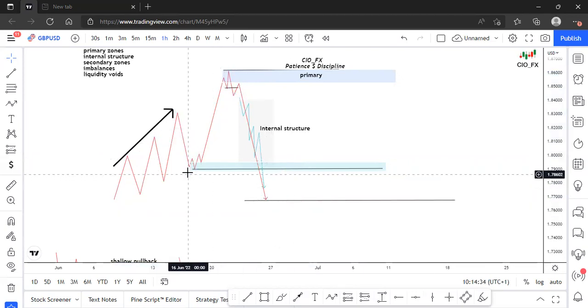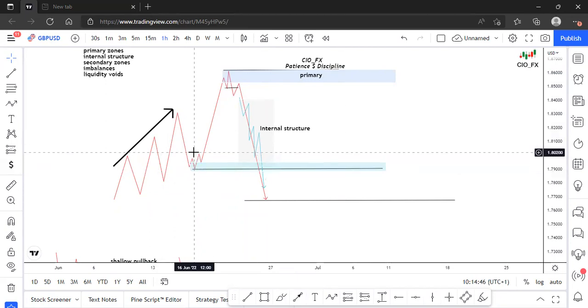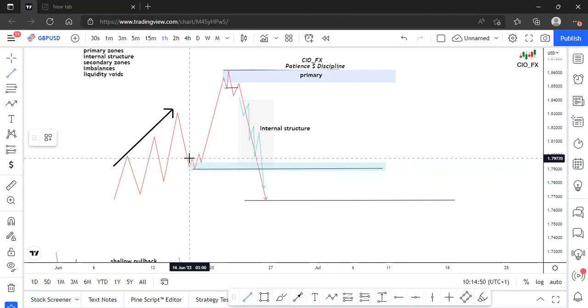So this place where it showed a break, the interaction that happened there, this is your secondary zone. You can see you had a low, a high, a low. Then after a low, what happened? A break. Okay, the break in that line, can we call it MBOS?